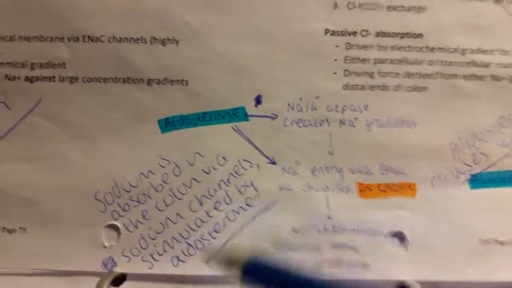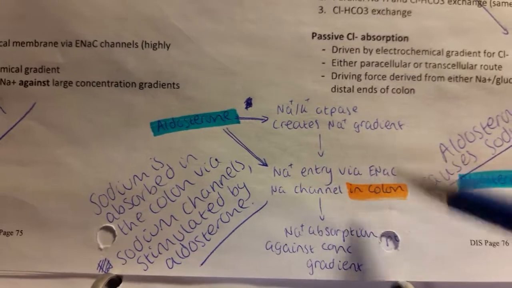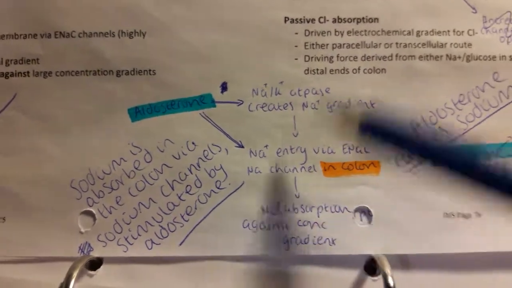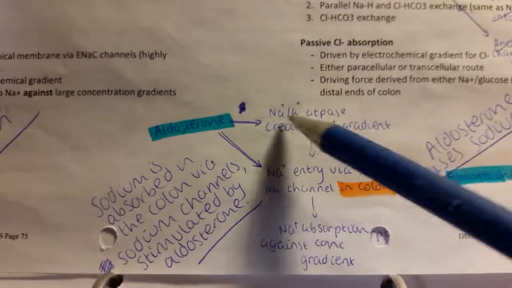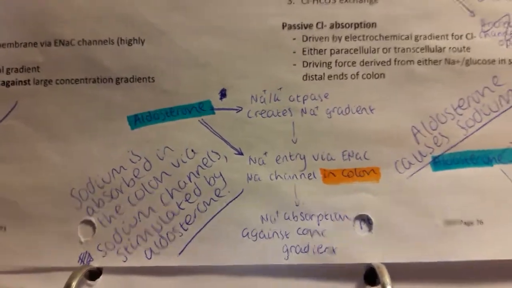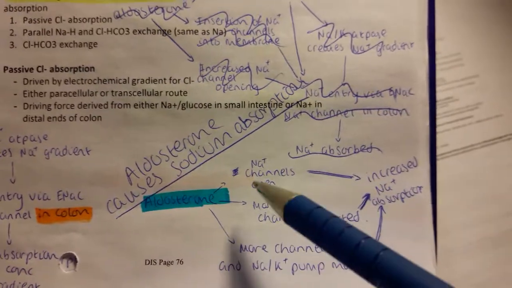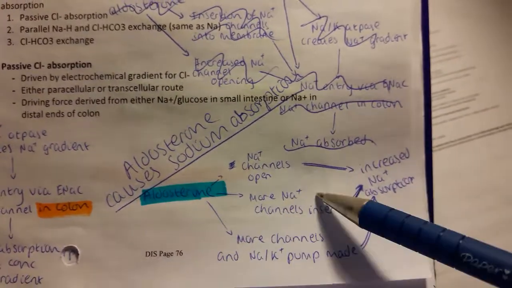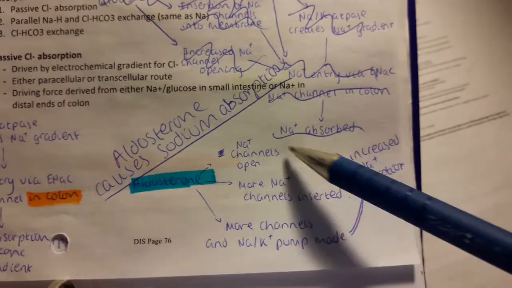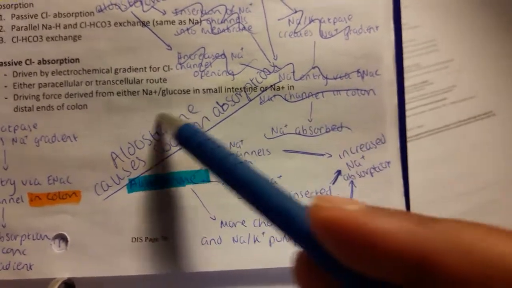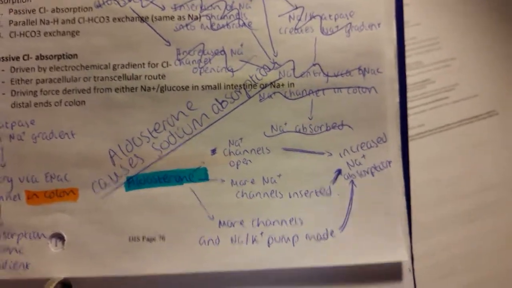Finally, sodium is absorbed in the colon via sodium channels, these ENaC channels, and it's highly efficient because of this gradient created by the sodium-potassium ATPase. Aldosterone stimulates sodium absorption by causing more channels to be made, more to be inserted, and more to remain open. So overall, aldosterone stimulates absorption.